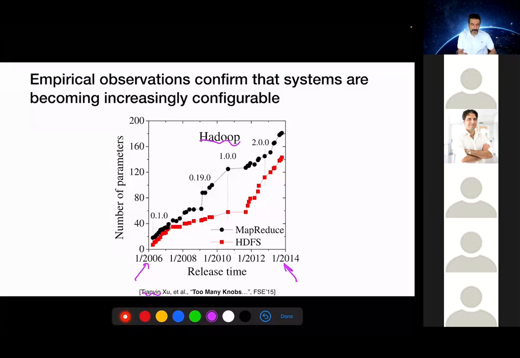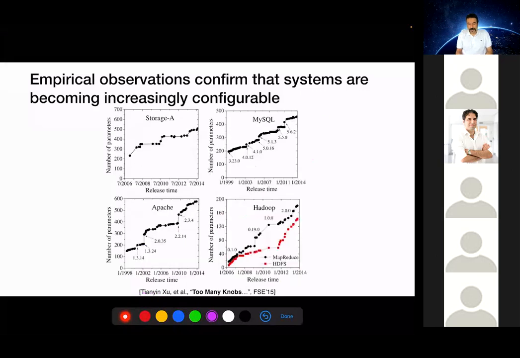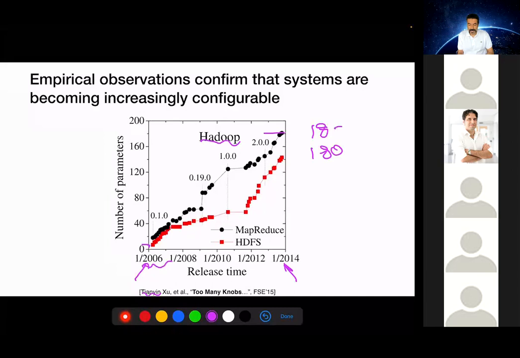It started from somewhere around 18 options in 2006, and in 2014 it ended up at something around 180. So you see that the number of options has increased from 18 to 180 in less than 10 years.